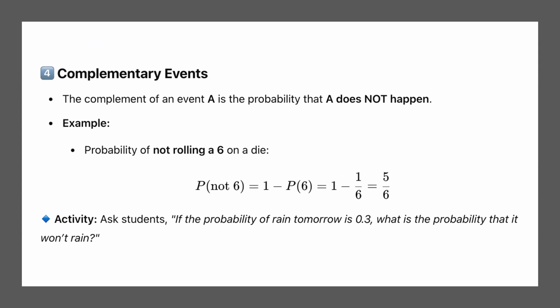So it's the negative of something. Let's say the probability of not rolling a 6 on a die. Out of the sample space, what will be the probability of not getting a 6?